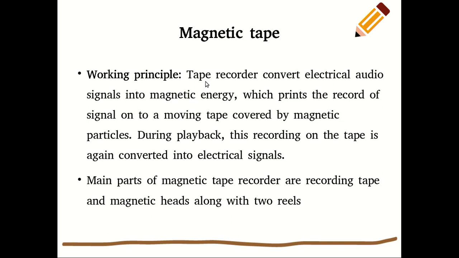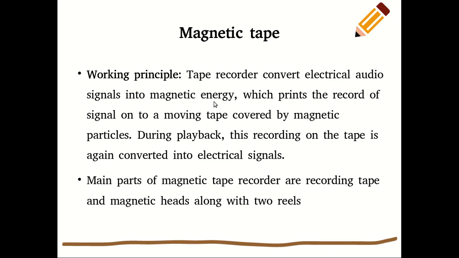The working of magnetic tape is based on the storage of magnetic energy. Basically, a tape recorder converts electrical audio signals of sound that come from a microphone into magnetic energy.